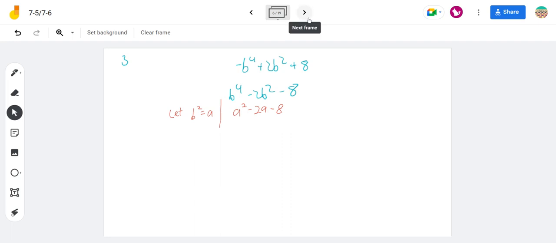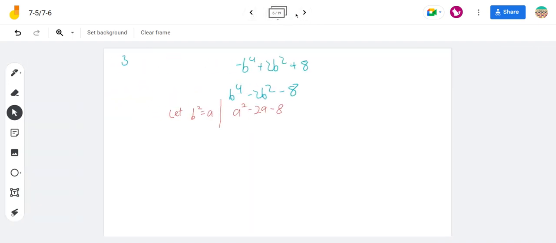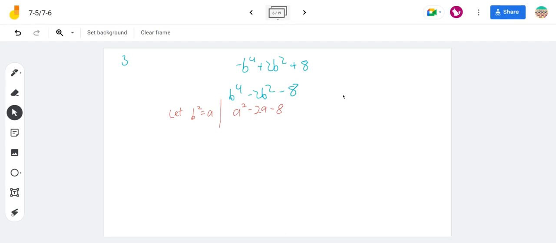It is in quadratic form after this manipulation. Okay, so then you can factor this, a squared minus 2a minus 8.